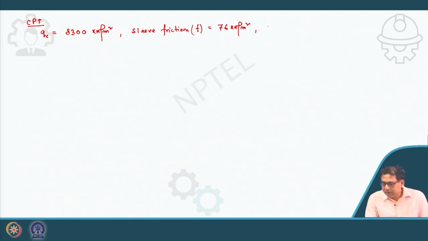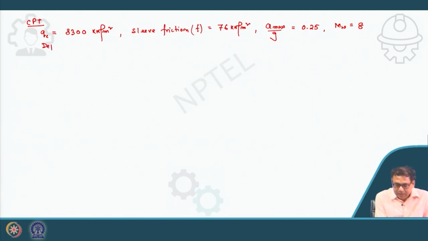Max by g I have considered as 0.25, and magnitude Mw is taken as 8. The depth at which I will check it is 15 meter below ground level.